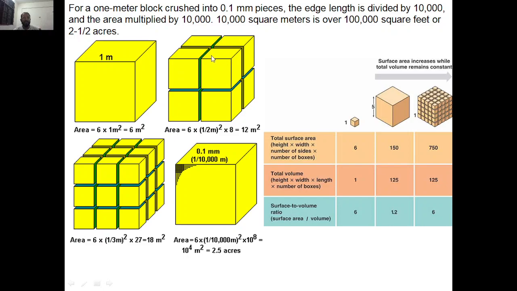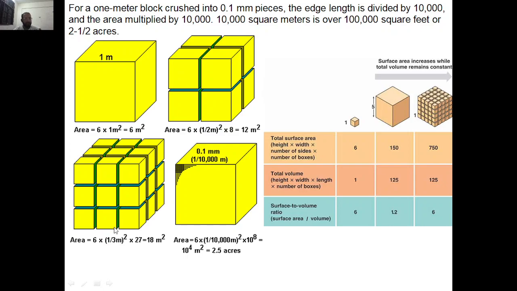Now I cut it like this. Instead of 1 meter, you can write half a meter now, right? But how many boxes did I get? Around 8 boxes: 1, 2, 3, 4, 5, 6, 7, 8, right? So that will give me 12 meter square. The area is doubled when I cut into 8 pieces.